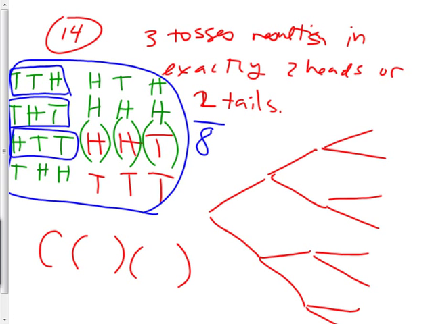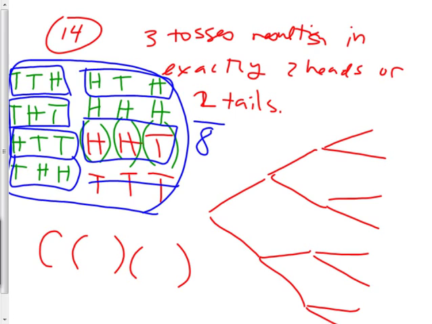Does that have what I want? Yes. That have what I want? Yes. Does that have exactly? No, it doesn't, because it's got not exactly 2 heads or tails. It's got 3. This has what I want, and this has what I want. So there are 1, 2, 3, 4, 5, 6 that I boxed in there. 6 out of 8 is my answer. And that equals 3/4.